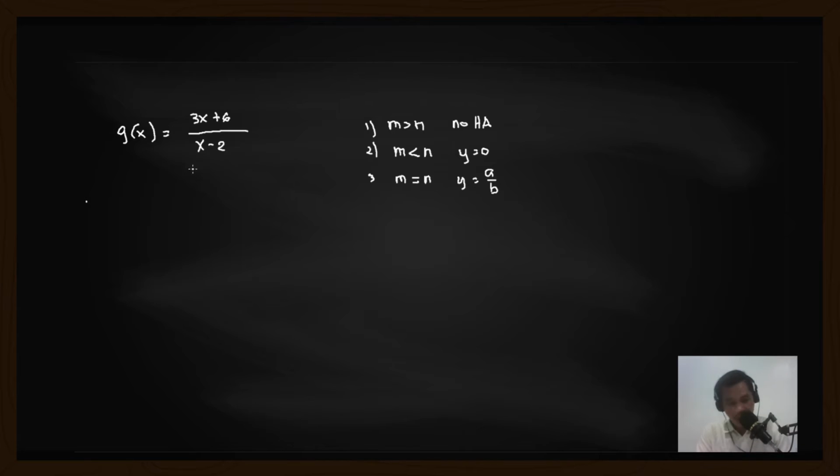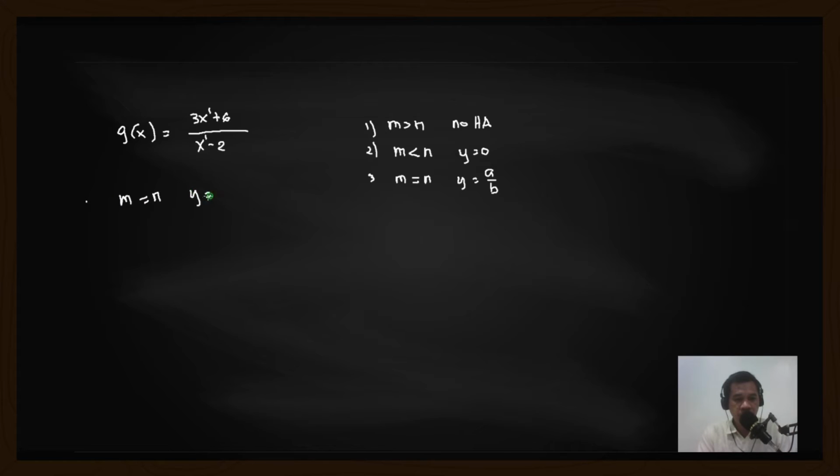Now, we have here g of x is equal to 3x plus 6 over x minus 2. If we compare the exponents, they have the same degree of exponent. So, we have 1 and then 1. We apply the condition m is equal to n, wherein we divide the leading coefficients.